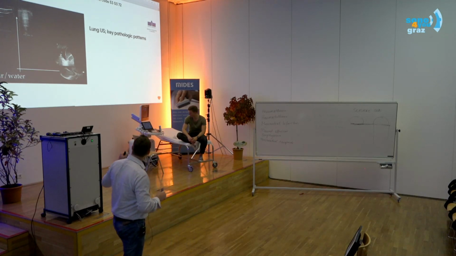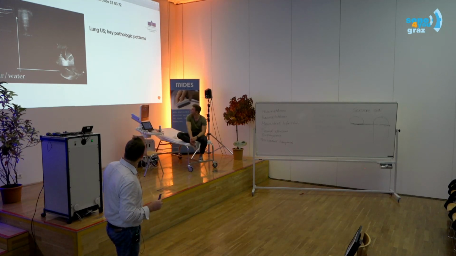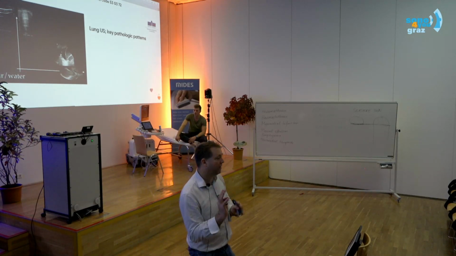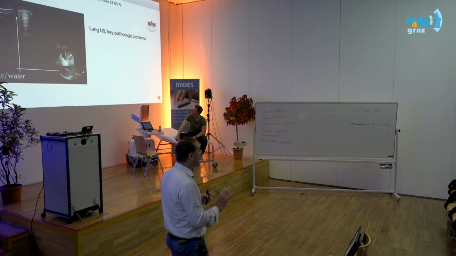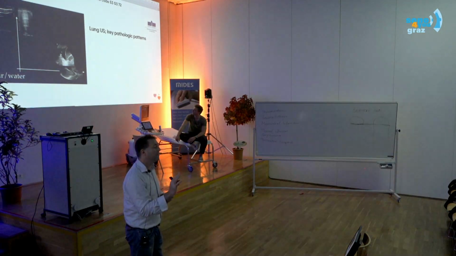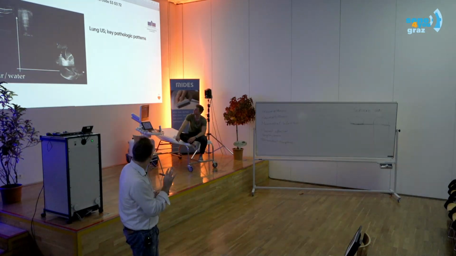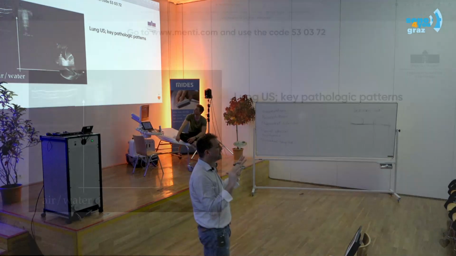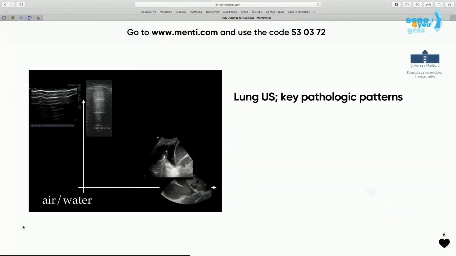Before we go onwards, I would also very much like you to understand one single physical graph. And that is, everything we're talking about regarding pathology in lung ultrasound is actually some sort of interplay, some sort of game, some sort of ratio between air and water.